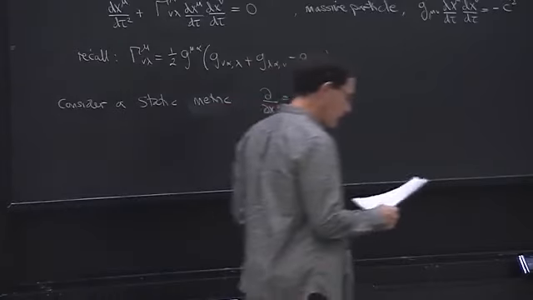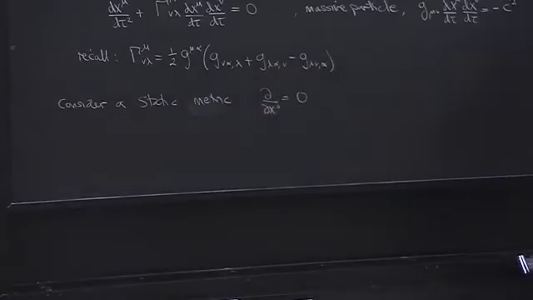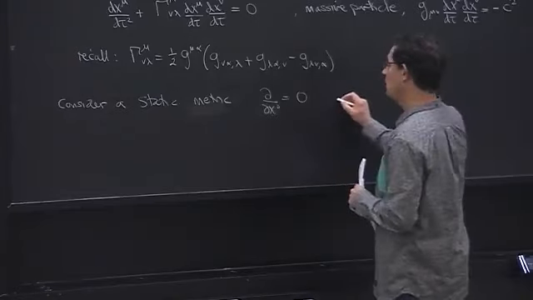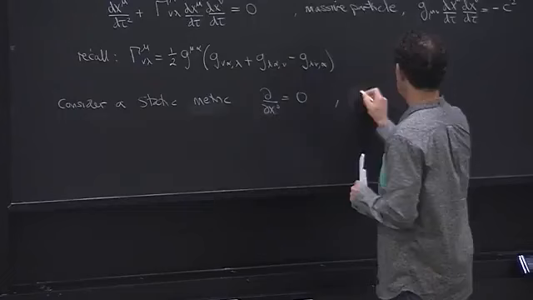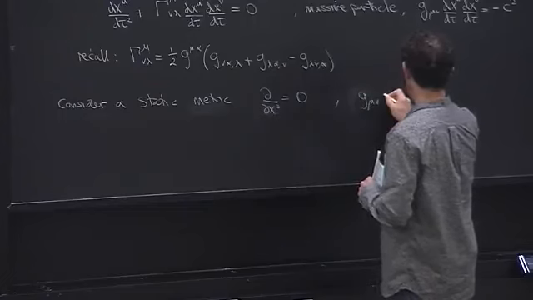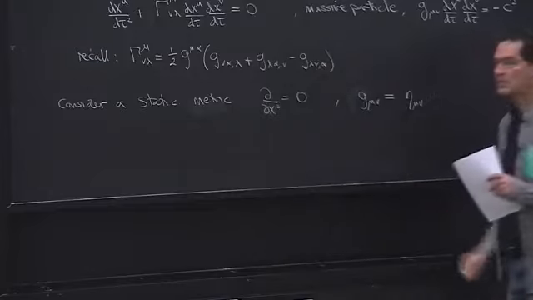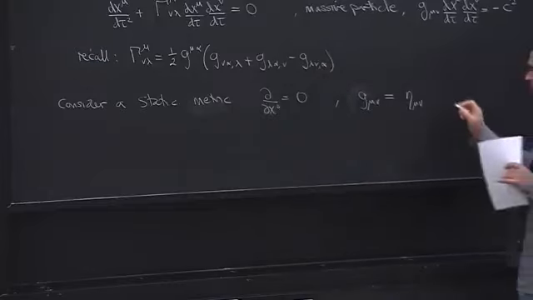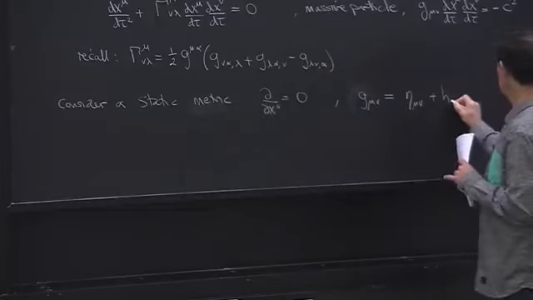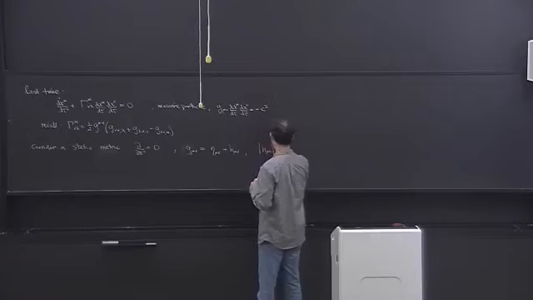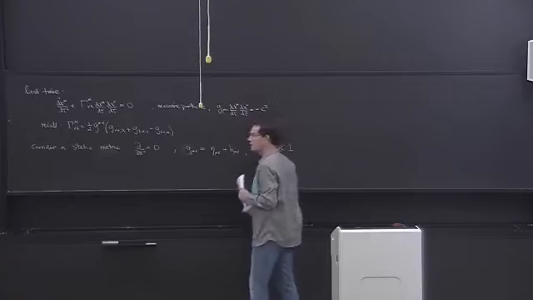That's what we mean by static. And also I'm going to assume that g mu nu is equal to eta mu nu, the flat space-time metric, so it's nearly flat, plus a small correction h mu nu, and the matrix elements of this small correction are all much less than 1.